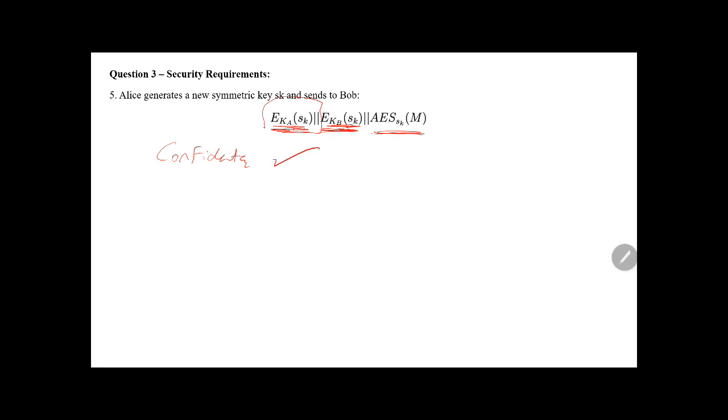Another problem here is that he cannot be sure that she is the sender, since he is not able to decrypt this part. So there is no non-repudiation. And finally, there is no integrity because there is no hash.